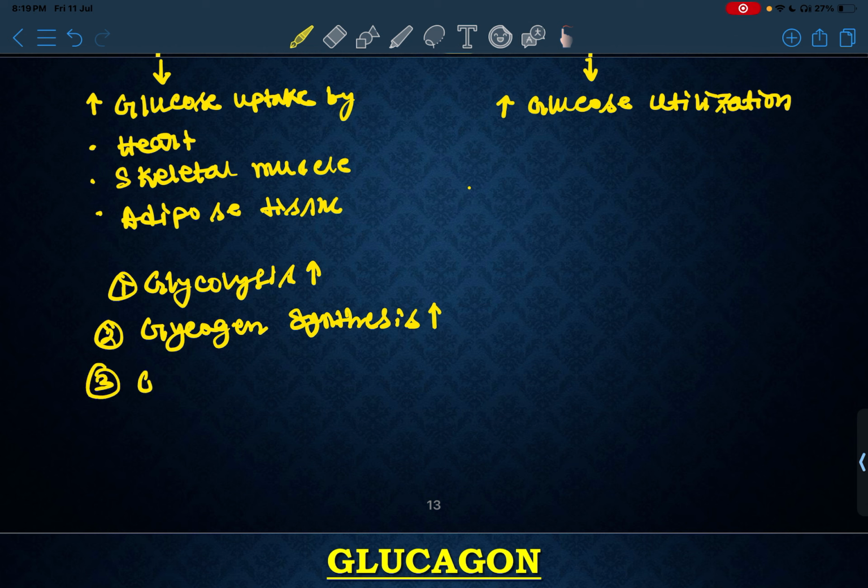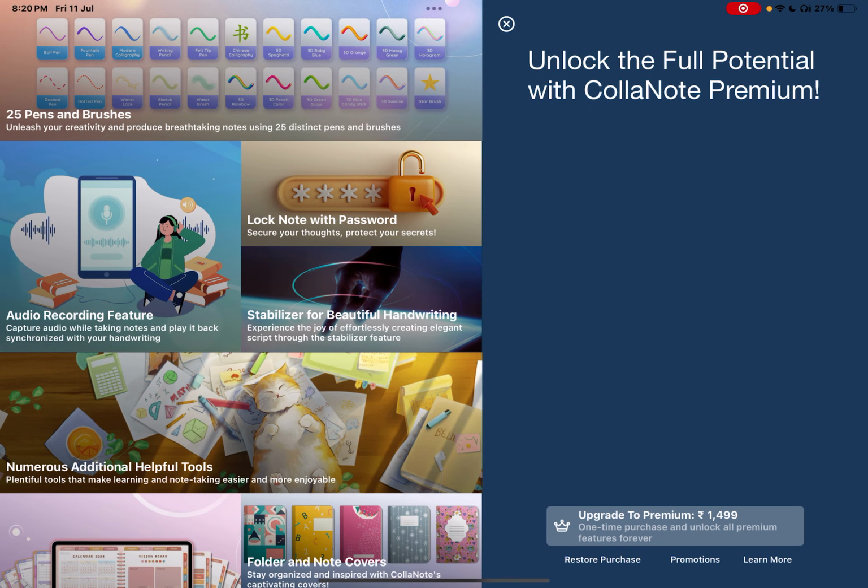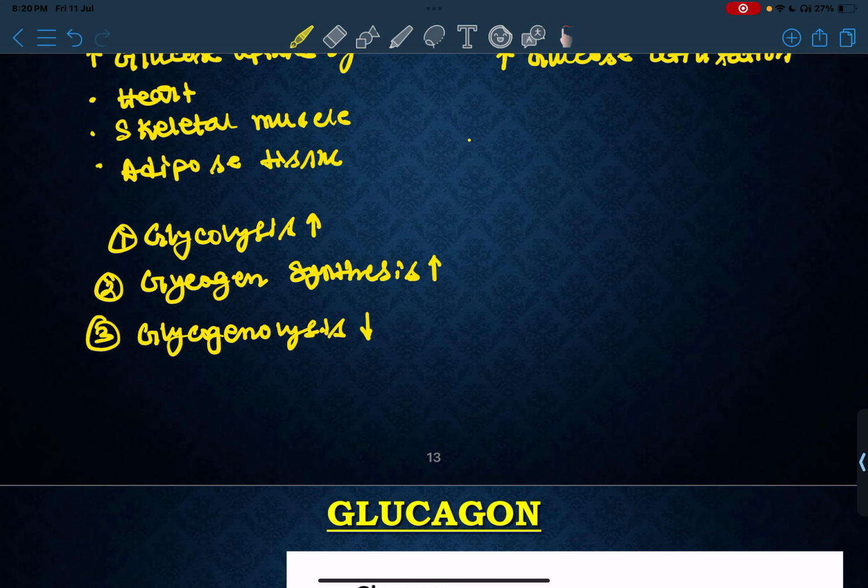Thirdly, glycogenolysis, which is formation of glucose from glycogen, and gluconeogenesis, which is formation of glucose from other than carbohydrate sources, are decreased. You can think why; I've already discussed it.